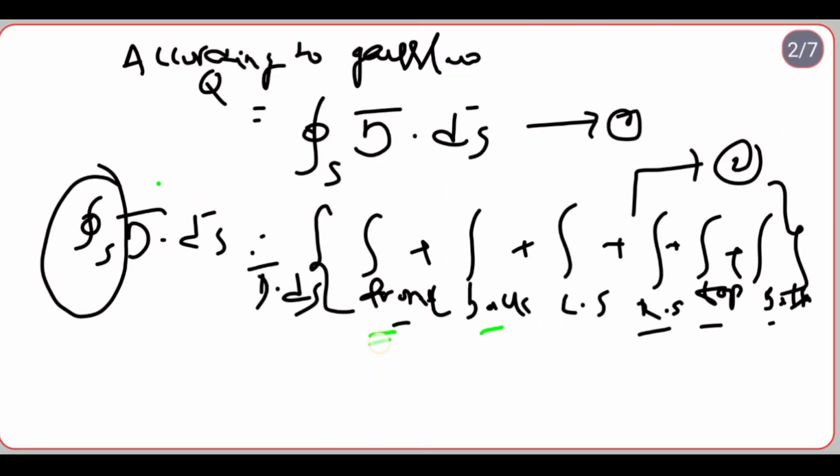What will happen? 2 into delta x by 2 dou dx by dou x delta y delta z, if you substitute equations 3 and 4 here.